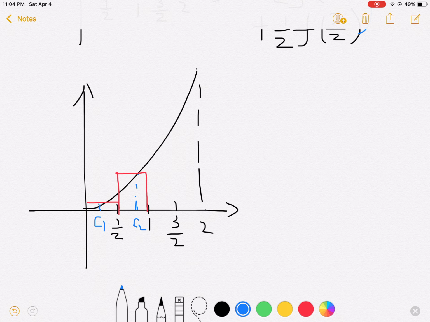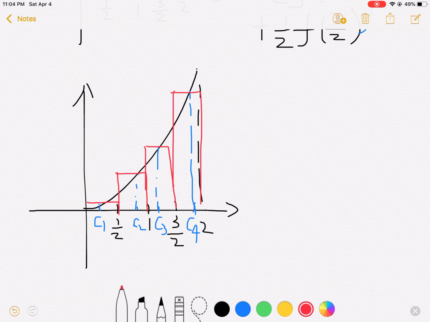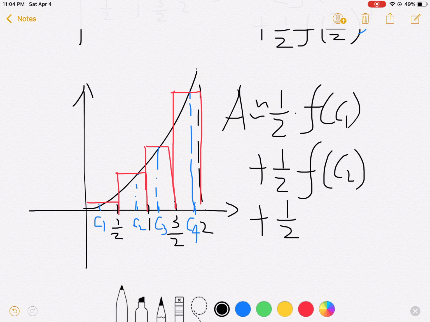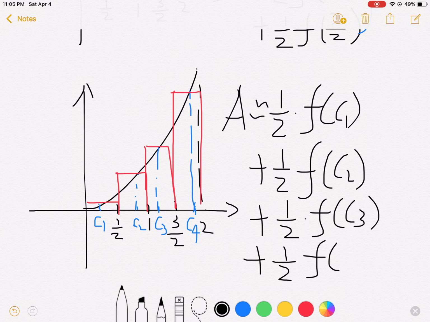And here is C3, and we use the f value at C3 as our height. And here is C4. This is the height. Right? So the area can be approximated by 1/2 times f of C1 plus 1/2 times f of C2 plus 1/2 times f of C3 plus 1/2 times f of C4.